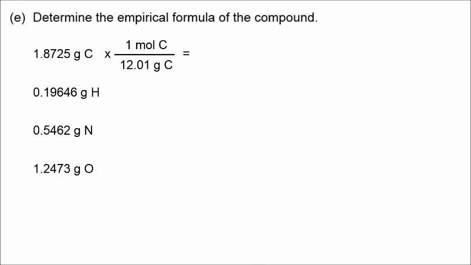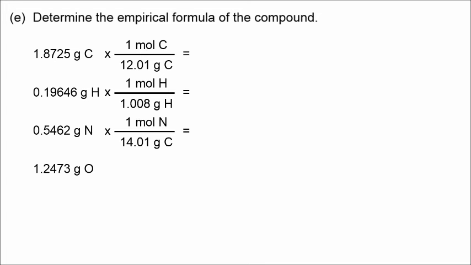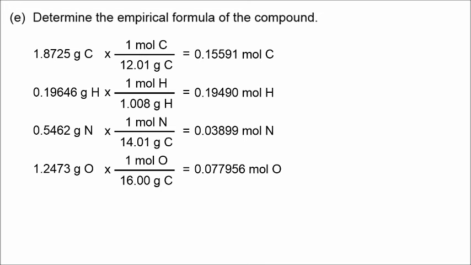Now again, even though hydrogen gas and nitrogen gas and oxygen gas are diatomic, these aren't going to be doubled because we're just talking about the amount of each element as it appears in the compound. So we're not using the diatomic molar masses. We don't deal with hydrogen gas or nitrogen gas. We're just talking about the individual elemental analysis. If you do this math, these are the numbers you get.